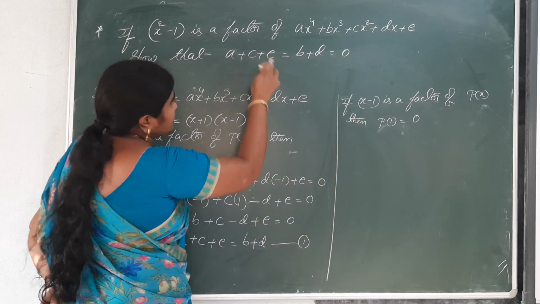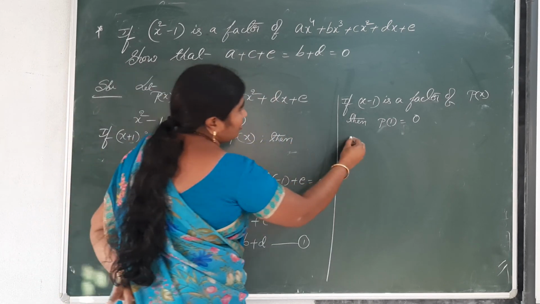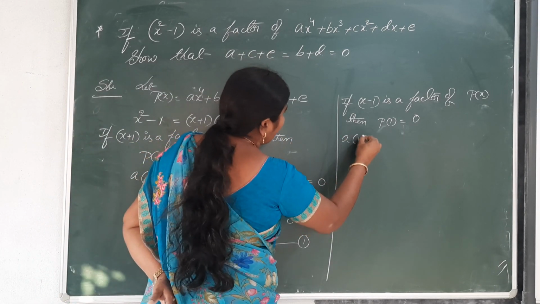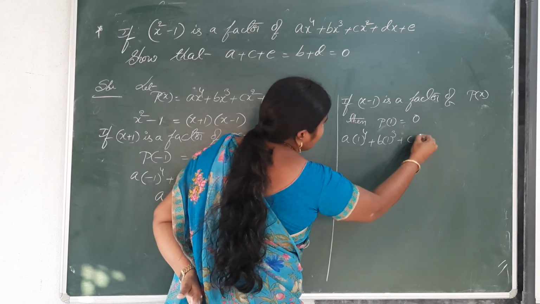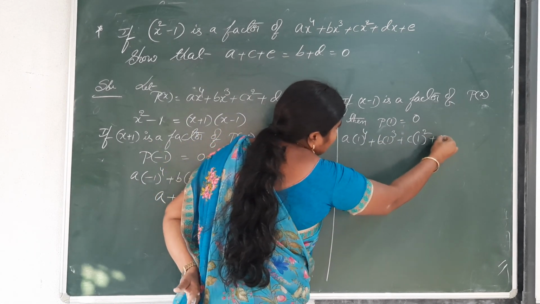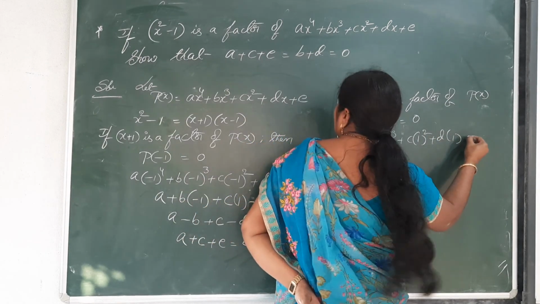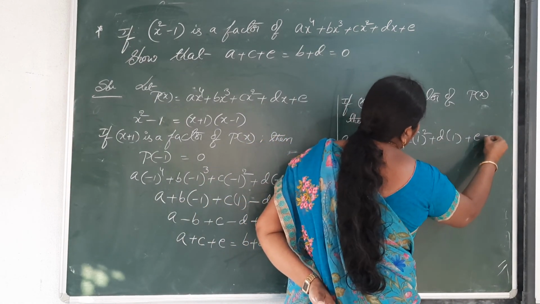Replace x by 1: a into 1 power 4 plus b into 1 cube plus c into 1 square plus d into 1 plus e equal to 0.